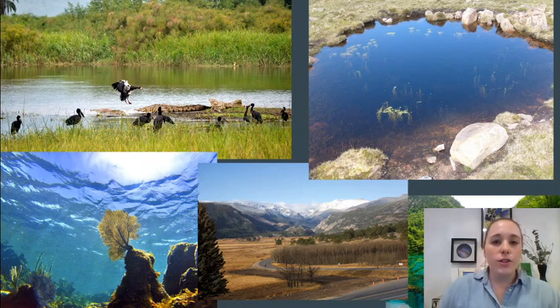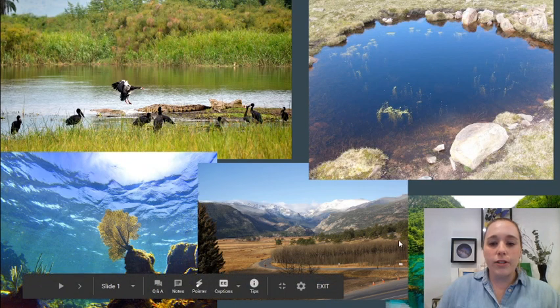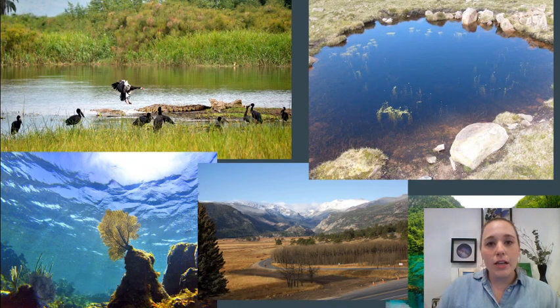I'm going to start with this first slide. On this slide, you're going to see a couple of different pictures of environments. We are talking about ecosystems and we are talking about ecology. We've been talking about abiotic and biotic factors before we went into spring break. An abiotic factor is anything that is not living.